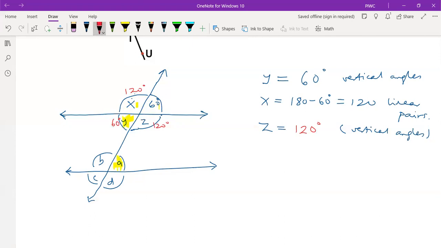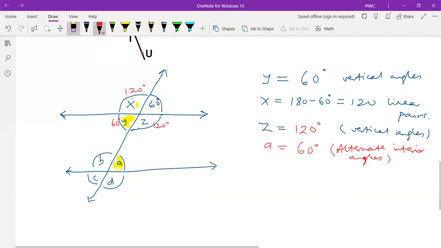So it means that angle A is equal to angle Y. So that would be 60 degrees as well. So alternate interior angles are congruent. So I'm going to write 60 degrees here.